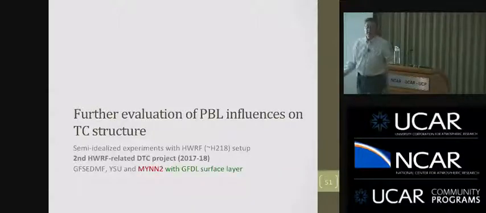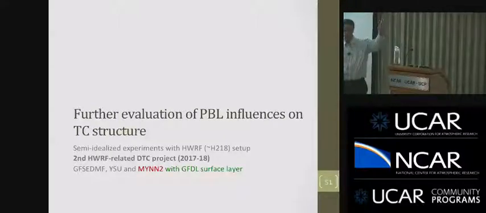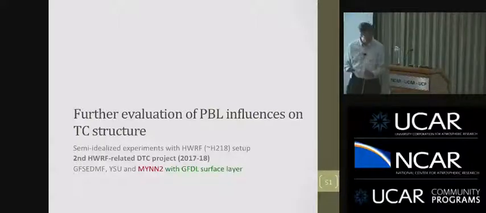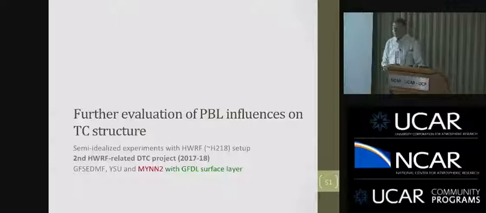What I'm trying to do with this is take the YSU scheme and get it working with the GFDL surface layer scheme within HWRF, testing that in my semi-idealized simulations, and also get the MYNN scheme working with the GFDL surface layer in the HWRF model. Now, getting MYNN working in HWRF was a real chore, and if I knew what I was getting into, I wouldn't have bothered to start.